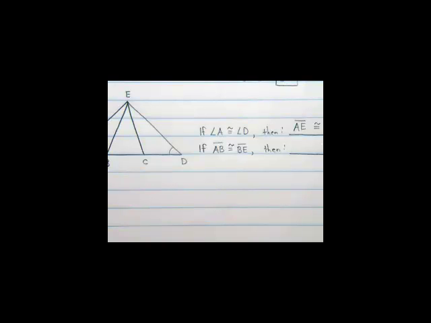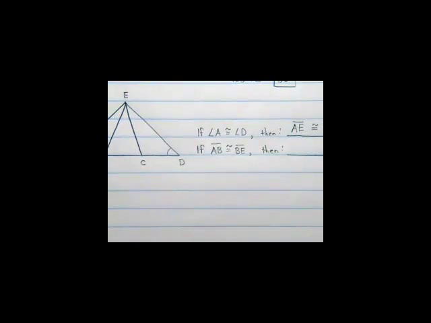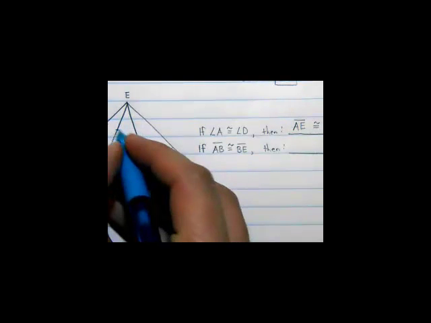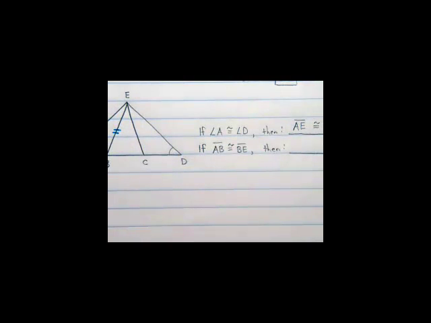Okay. All right. Now the next one, if AB is congruent to, so AB would be here, and BE is here. Now ignore if the picture maybe doesn't look quite to scale there, but if we know those two segments are definitely congruent, then what else do we know about the picture, Seth?